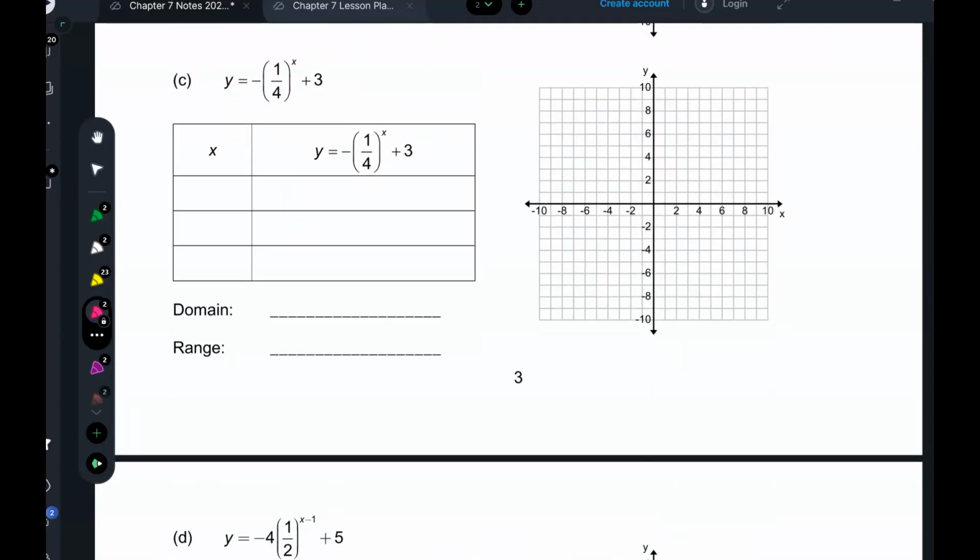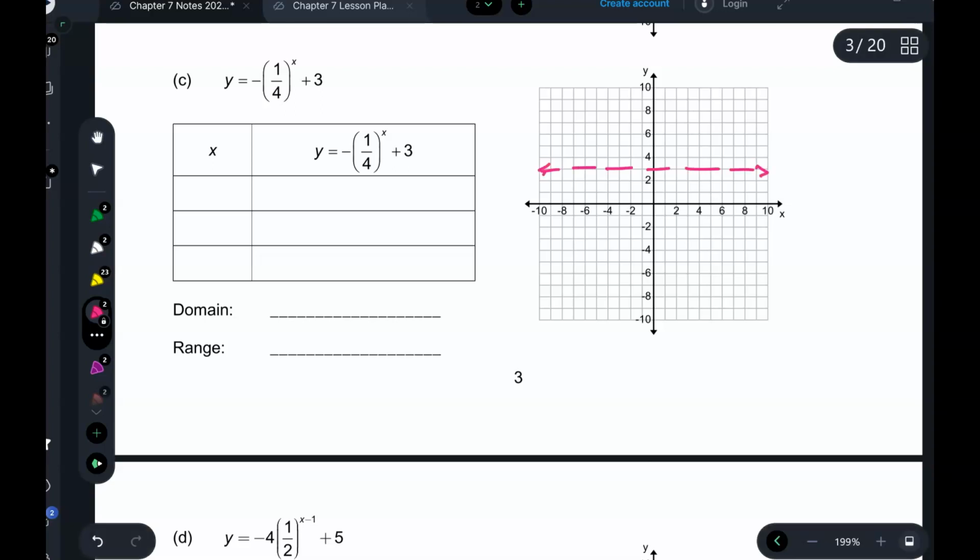So right away I know I'll put in my y equals 3 for my horizontal asymptote. Is it going to be above or below this line? Below, because negative. I'm not going to tell you what numbers to plug in, but what numbers would be easy to plug in? -1, 0, 1. -1 is definitely easy because that's going to flip it, right?